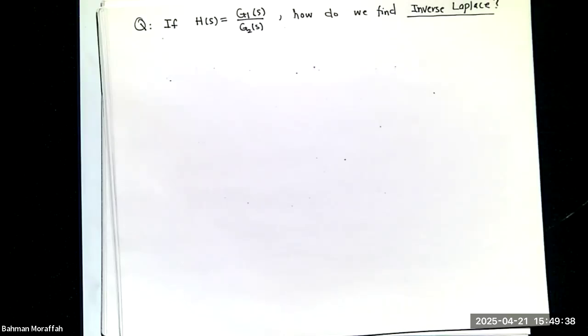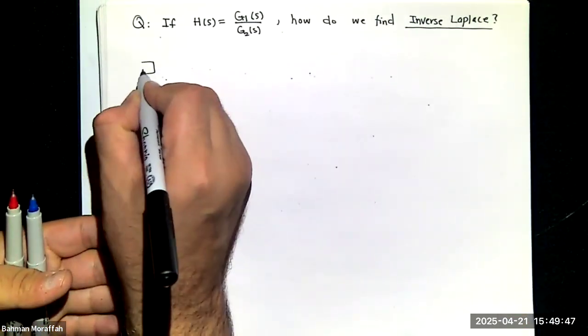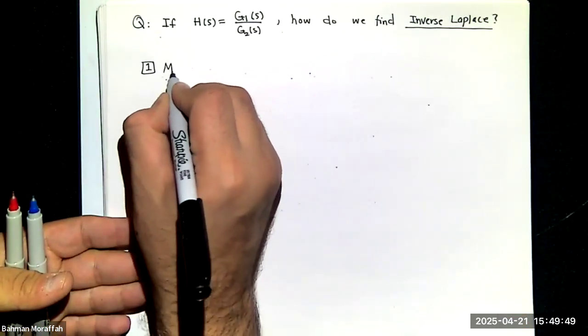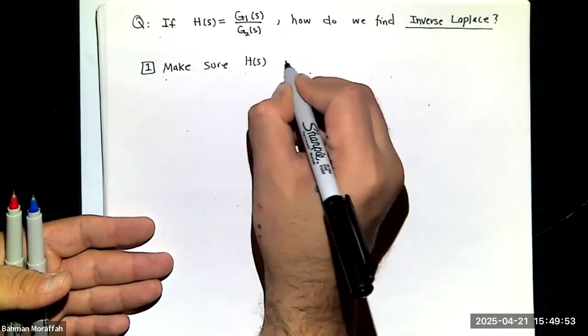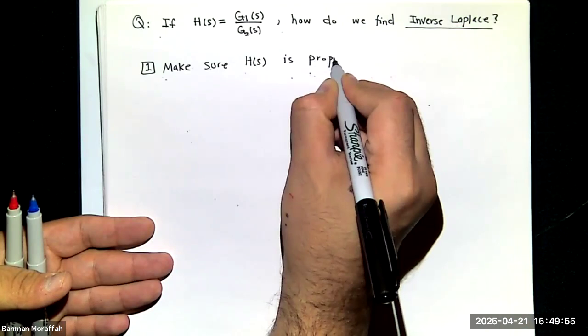Step 1, we're going to make sure this h of s is proper. If it's not proper, we're going to make it proper. We're going to divide it. Step 1, make sure h of s is proper.